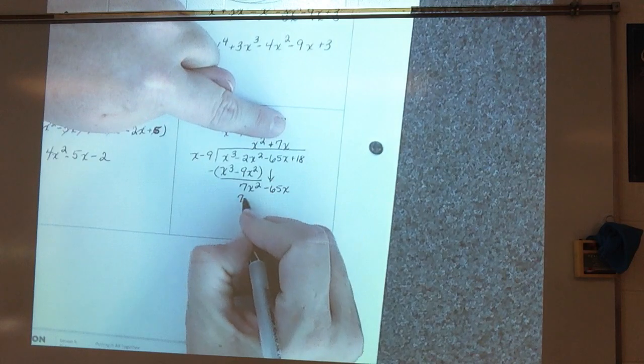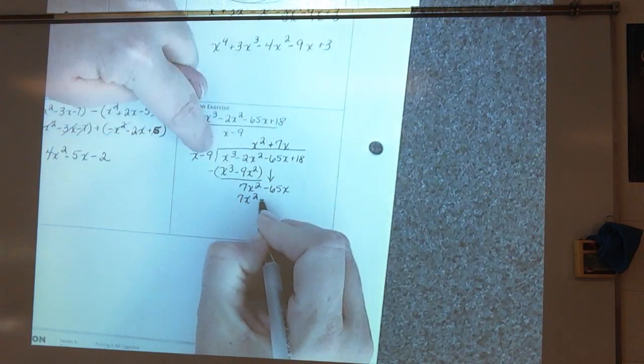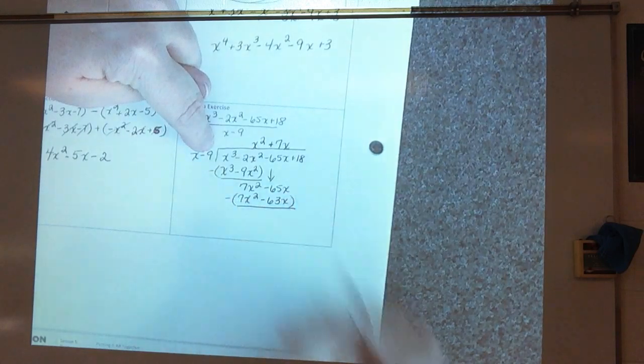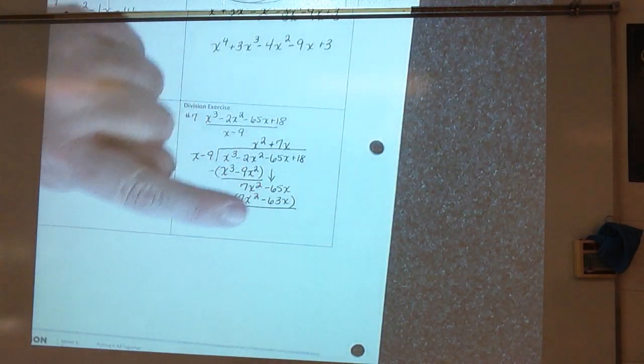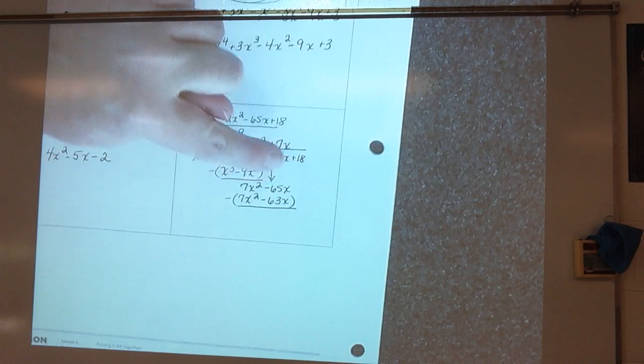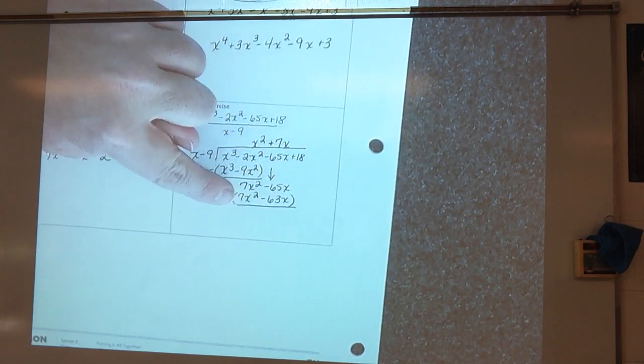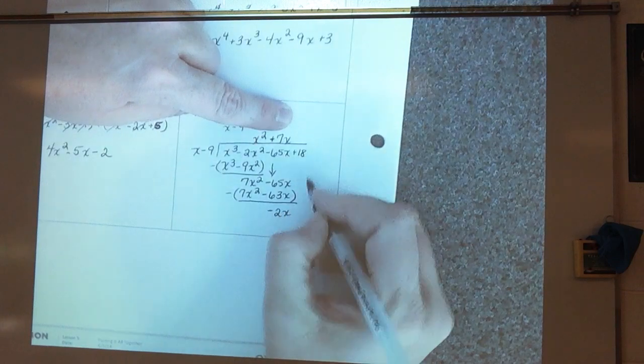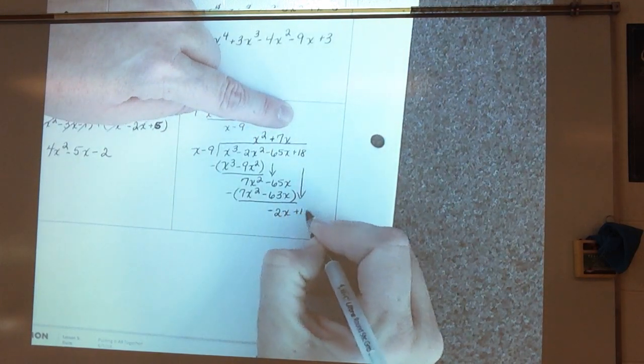So I have 7x squared minus 63x. Subtract. 7x squared minus 7x squared is 0. Negative 65x plus 63x is negative 2x. And then I'm going to bring down that 18.